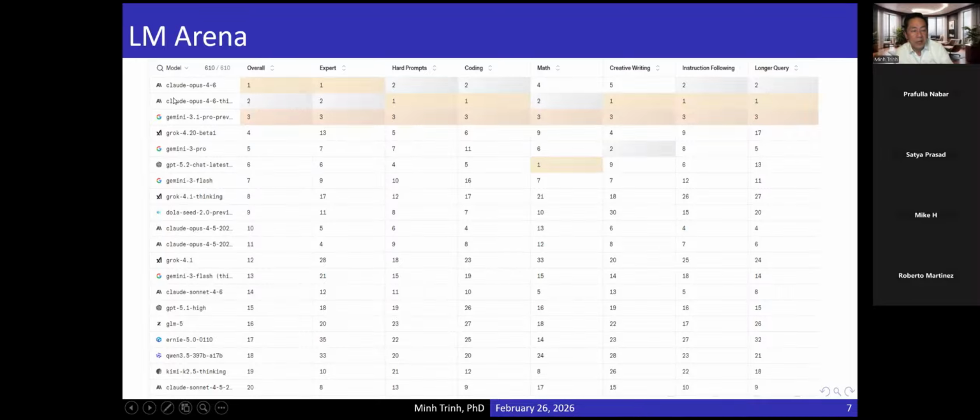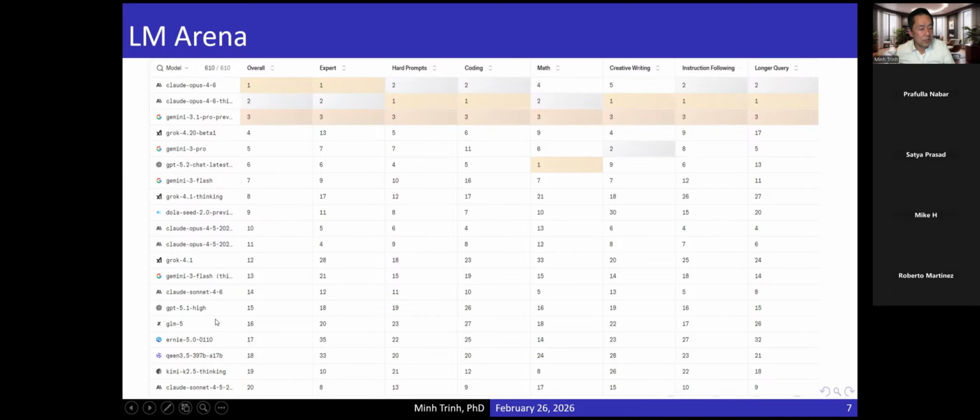So you see, as of maybe yesterday or 2 days ago, Claude was number one. Then you have Gemini, Grok. Usually they tend to be very close. Gemini, I'm sure Claude, Grok. So most of them are proprietary systems.